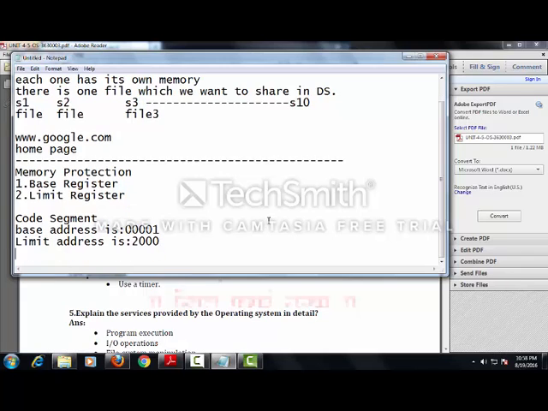So it is clear you can access from address 1 to address 2000.